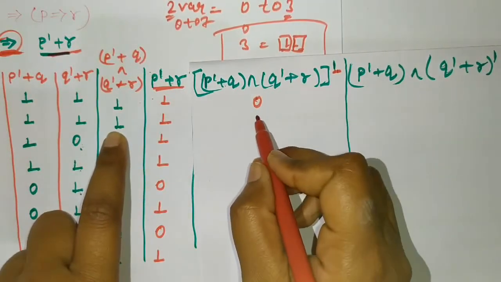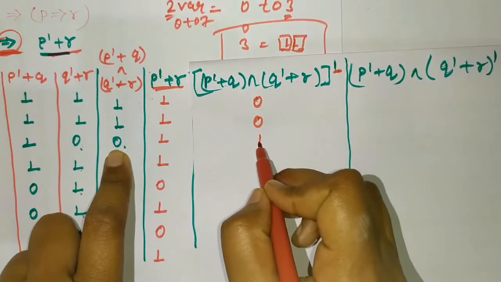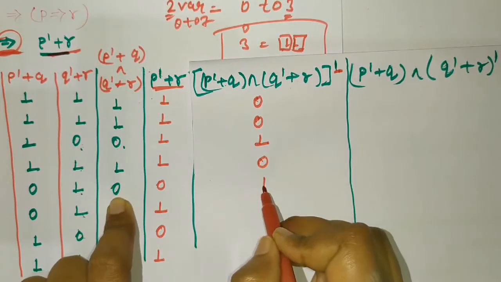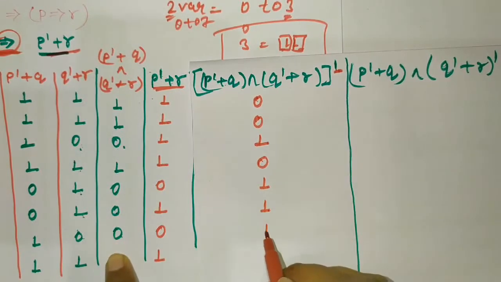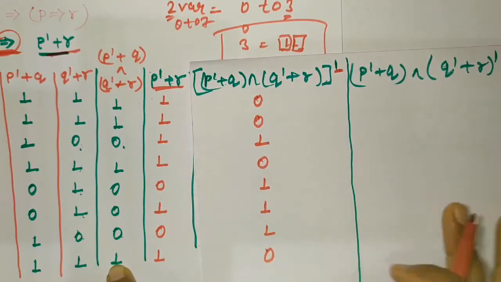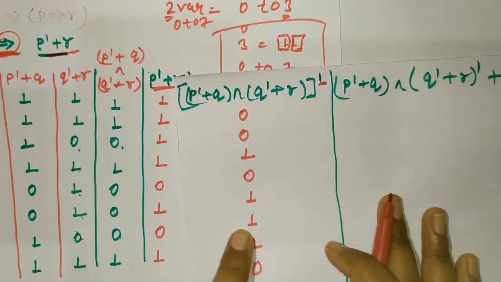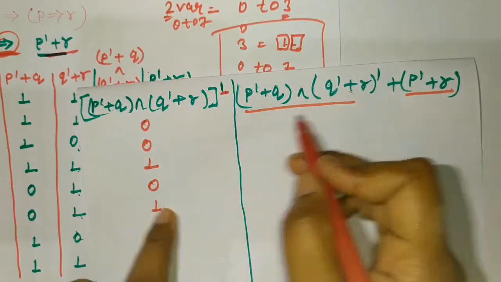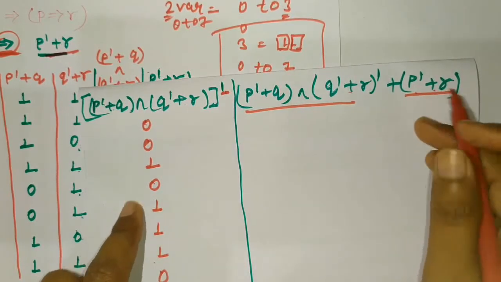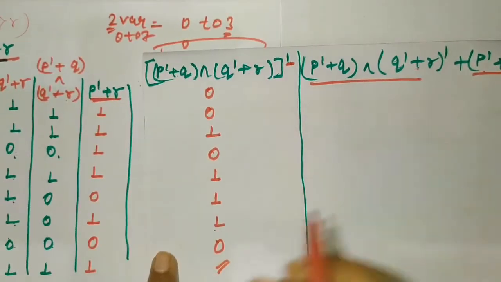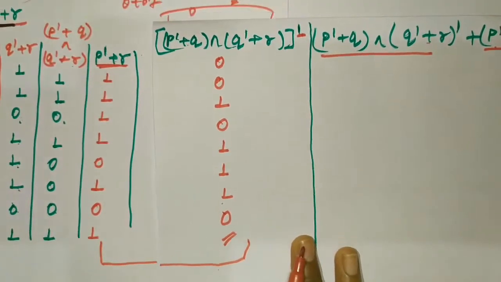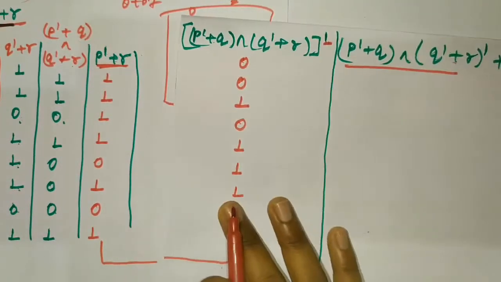The negation of 0 is 1. The negation of 1 is 0. Then 1, then 1, 1 and 0. So next we have to add this value and P dash plus R, we have to add both these numbers.